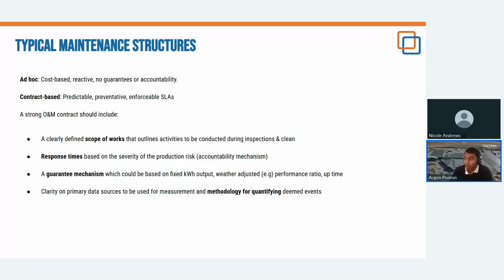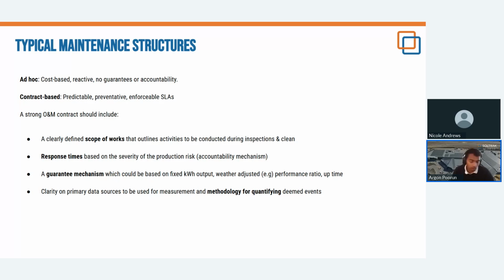And then lastly, a methodology for quantifying deemed events. This is quite a big one. So a deemed event is any event that results in a loss of production that the service provider should not be held accountable for. So common examples of this would be something like load shedding or low load curtailment.